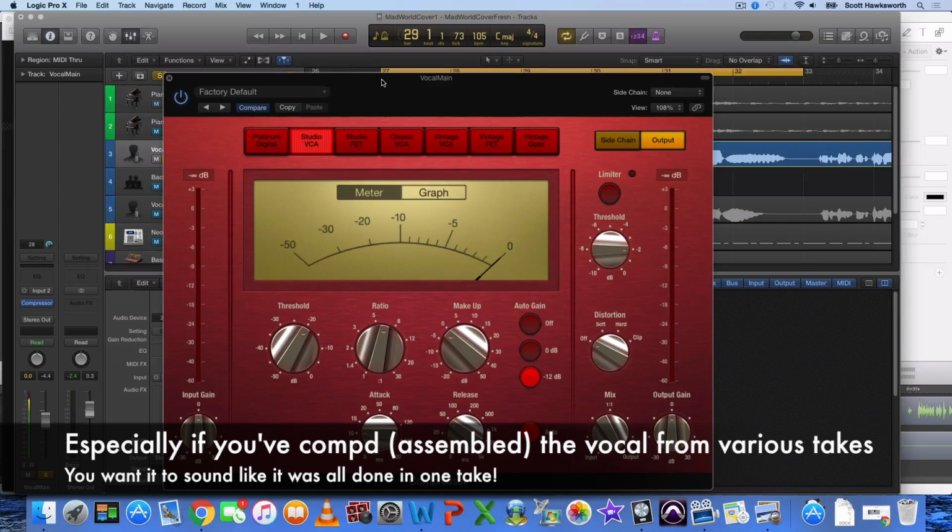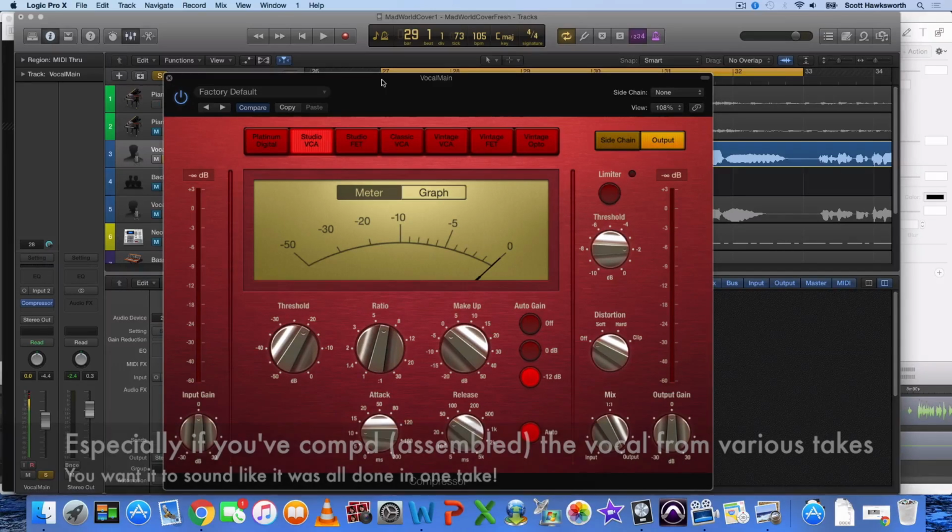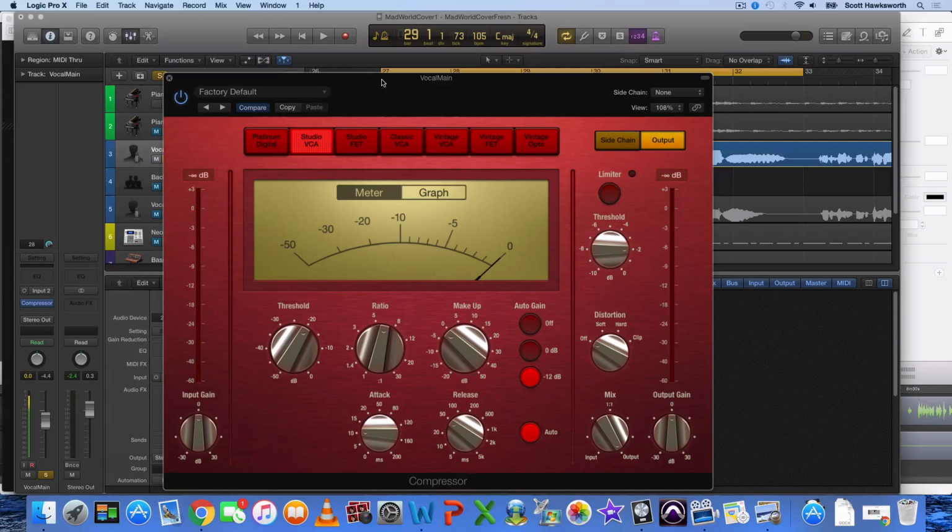So back in the day, what they would do is you'd have someone who would just sit there and ride those volume faders. And so if an emotional part was coming up, they'd be like, oh, he's about to belt this note out, I'm going to turn it down a little bit. But after a while, we had this DAW revolution, this digital recording revolution, a technological revolution.